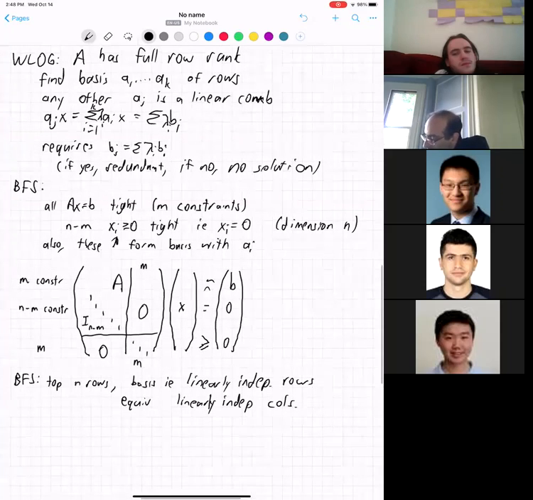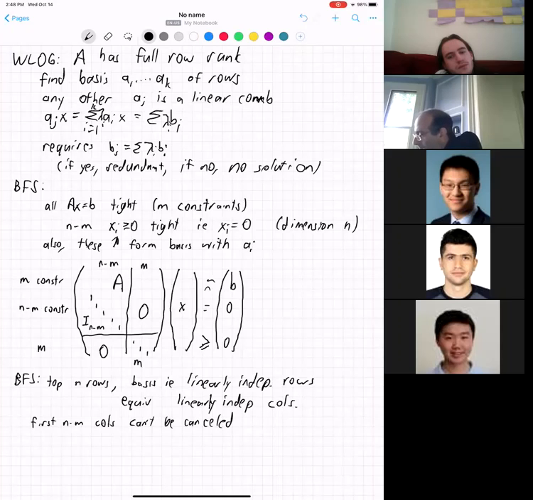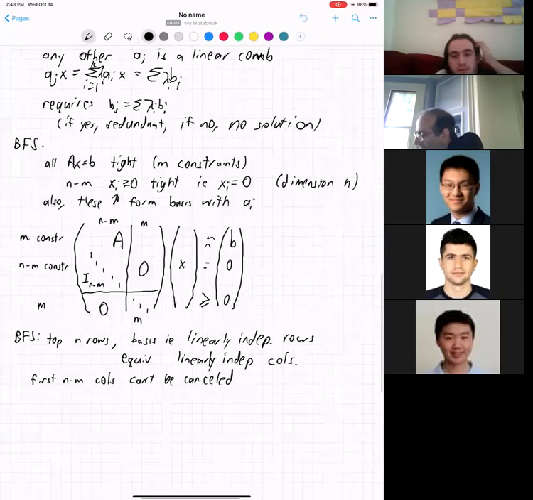They must have only come from the last m columns. Notice that the first n minus m columns can never cancel, because each of those columns has an entry of the identity matrix where every other column has a 0. So if you ever took that column, that coefficient would stay non-zero.